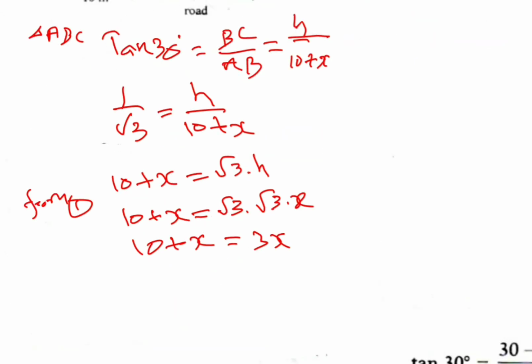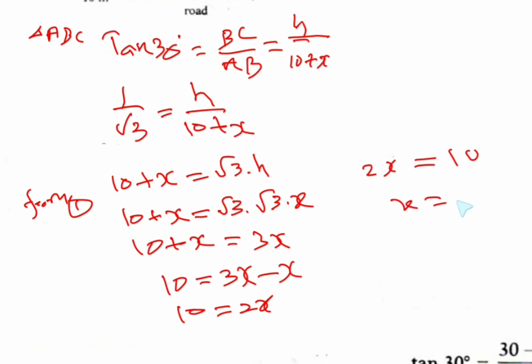Then take x to the right side: 10 equal to 3x minus x, that is 10 equal to 2x. So 2x equal to 10, x equal to 10 by 2, which is 5. Therefore x equal to 5 meters.